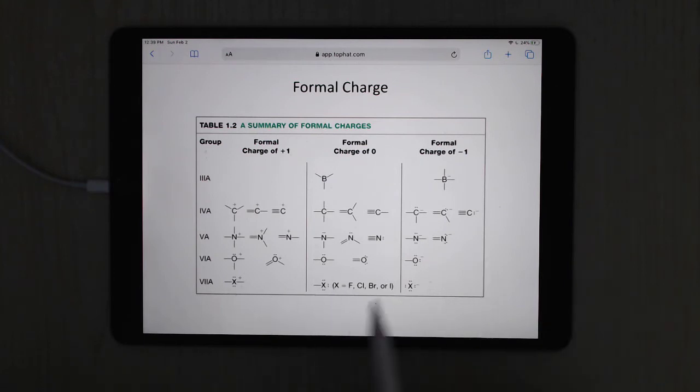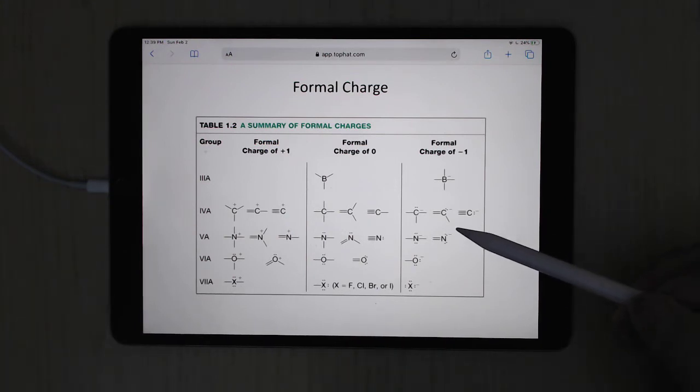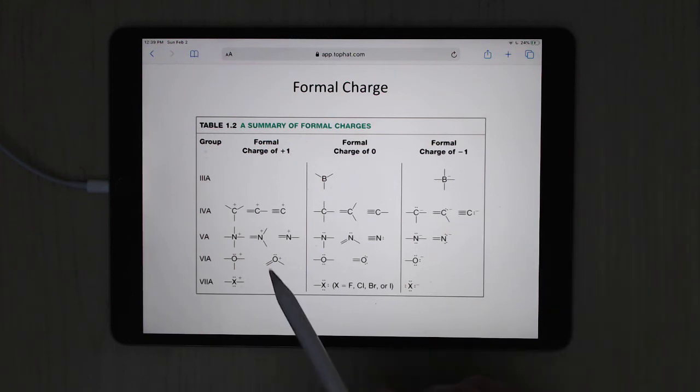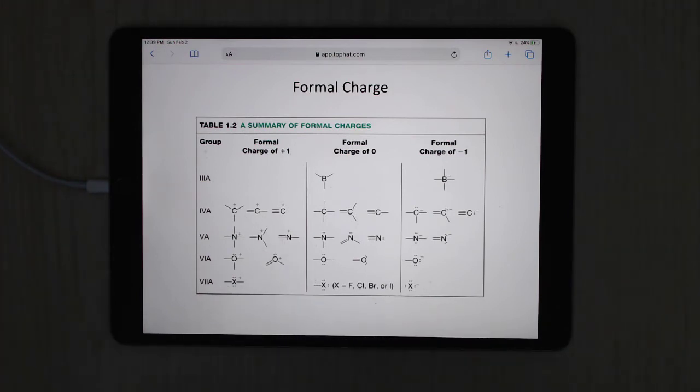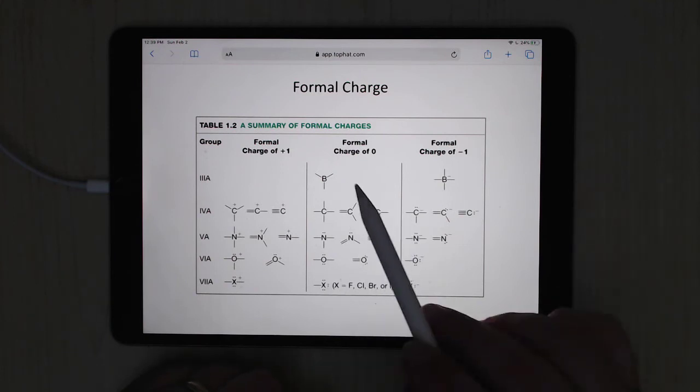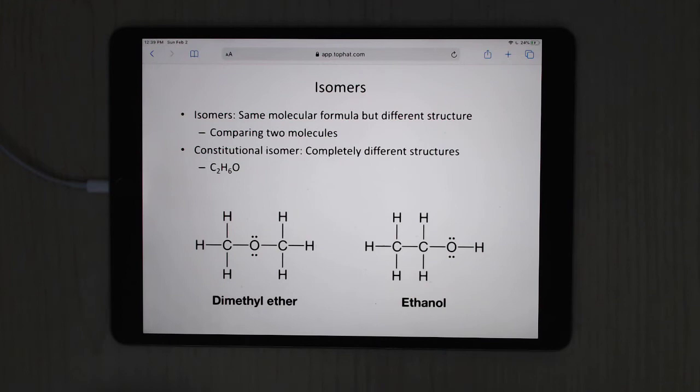If it's anything other than that, you're going to have a charge. If you have an extra lone pair, you're going to have a -1. If you're missing a lone pair or a bond, you're going to have a positive charge. This is what the atoms really want to do, and they generally want to get to this state. Now for isomers, we're going to be dealing with this a lot later on.